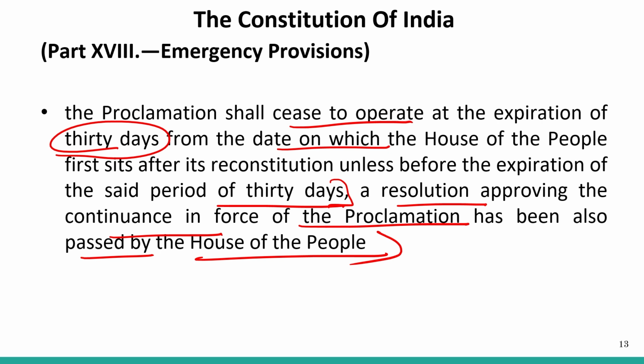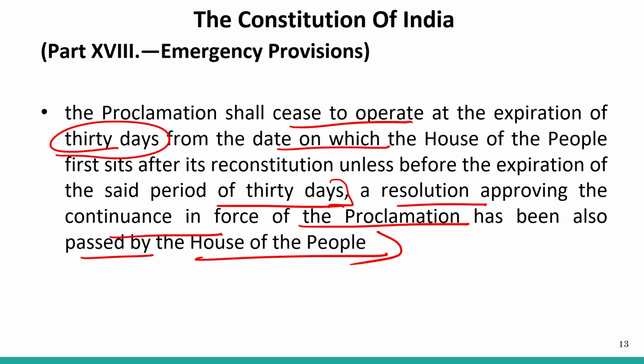Once the House of the People comes into play, they will see whether the proclamation should be continued or not. If they approve, the proclamation will continue, until the House of the People is reconstituted, for a total span of 6 months.